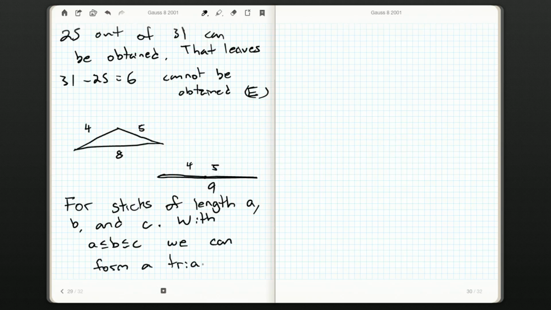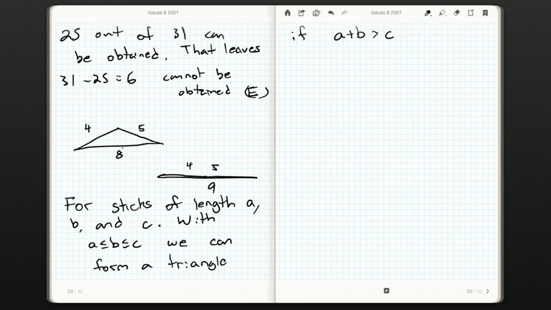Turns out you can only form a triangle if A plus B is greater than C. Okay, that's exactly when it'll happen.